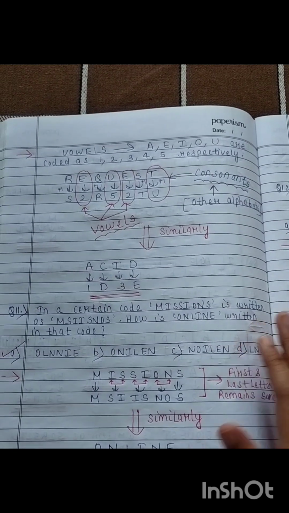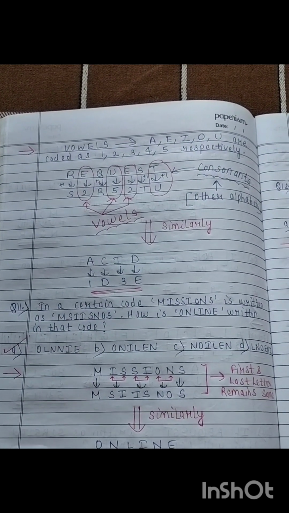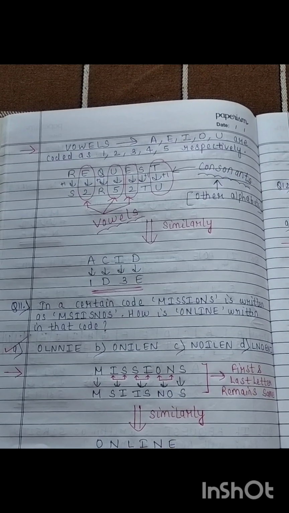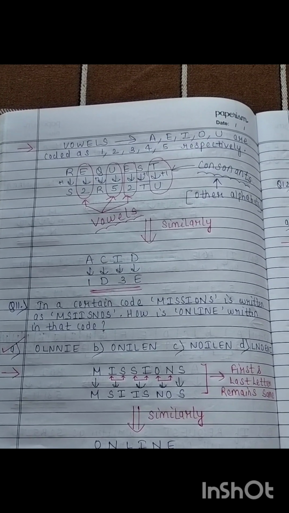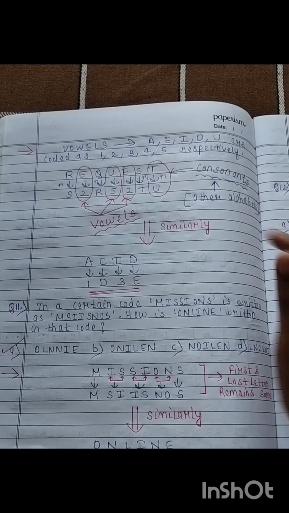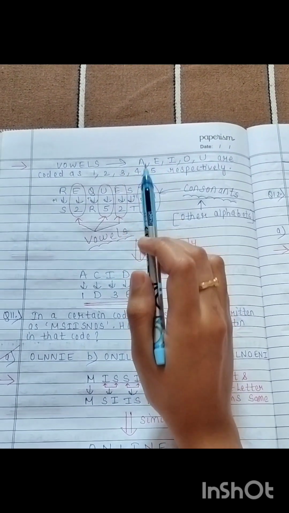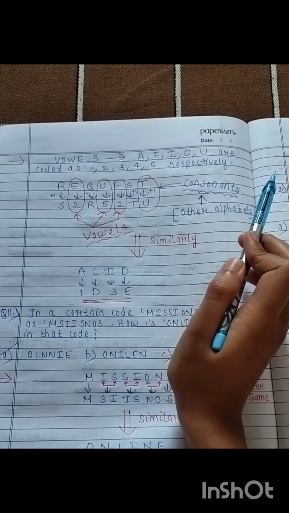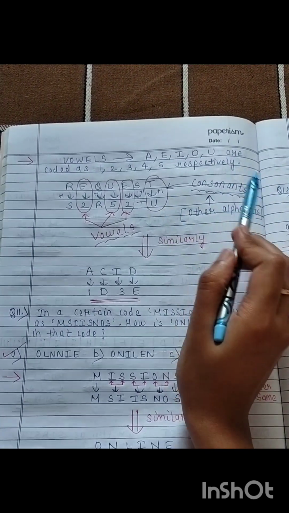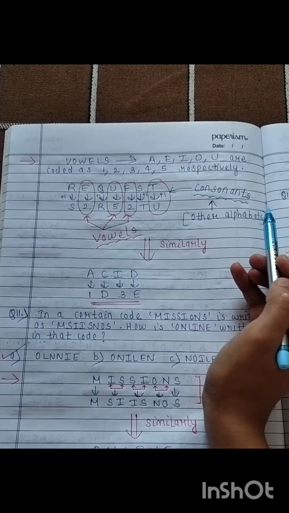So A is coded as 1, E as 2, I as 3, O as 4, U as 5. In REQUEST, other than A, E, I, O, U, which are vowels, all other alphabets are consonants.